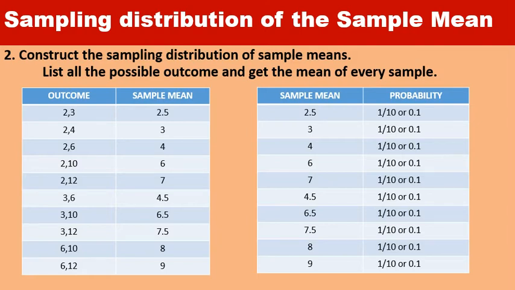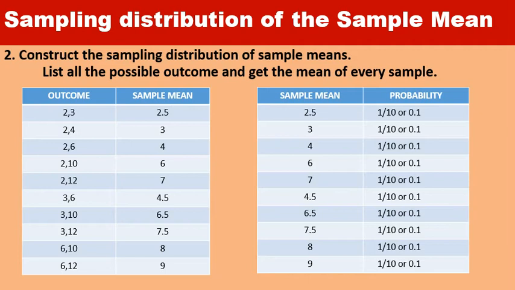Let us have the first row, which is 2 and 3. The sample mean is equal to 2.5. How do we get 2.5? 2 plus 3 and then divide by 2 because the sample size is 2. 2 plus 3 is 5, divided by 2, 2.5. Next row, 2 and 4.